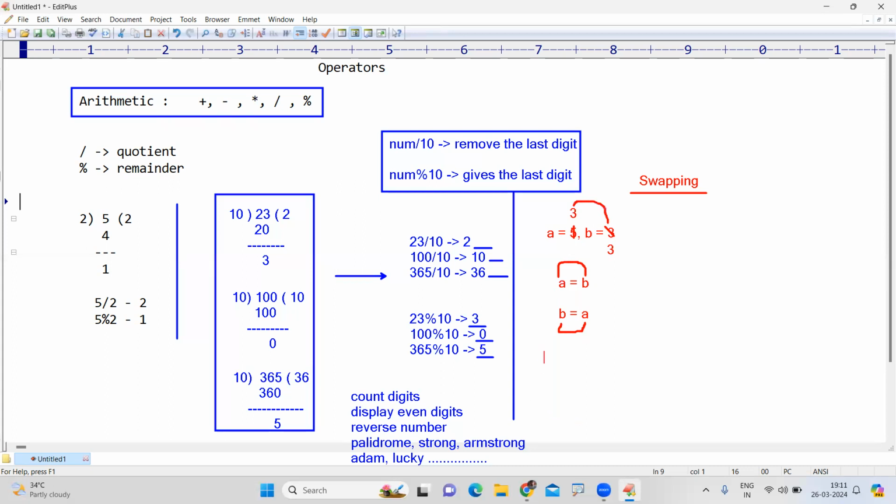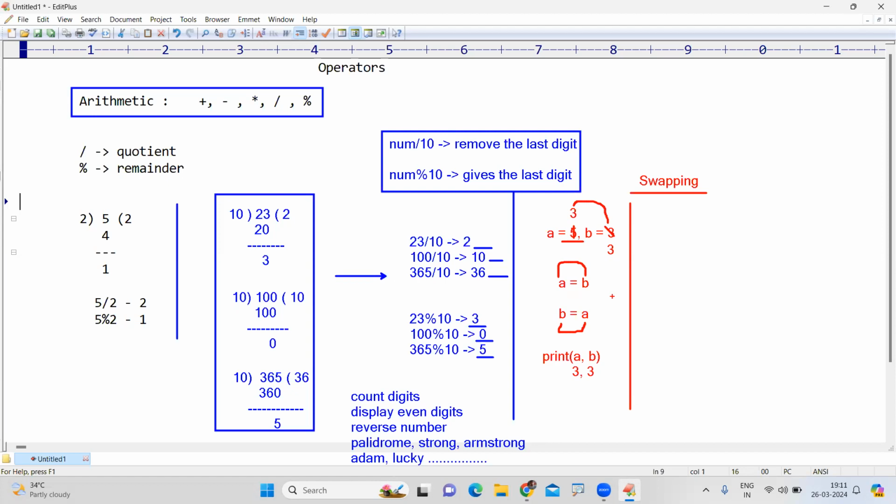So we are thinking swapping is completed. After swapping, when you print a and b values, the output is 3, 3. So swapping failed here because you lost one value, 5.